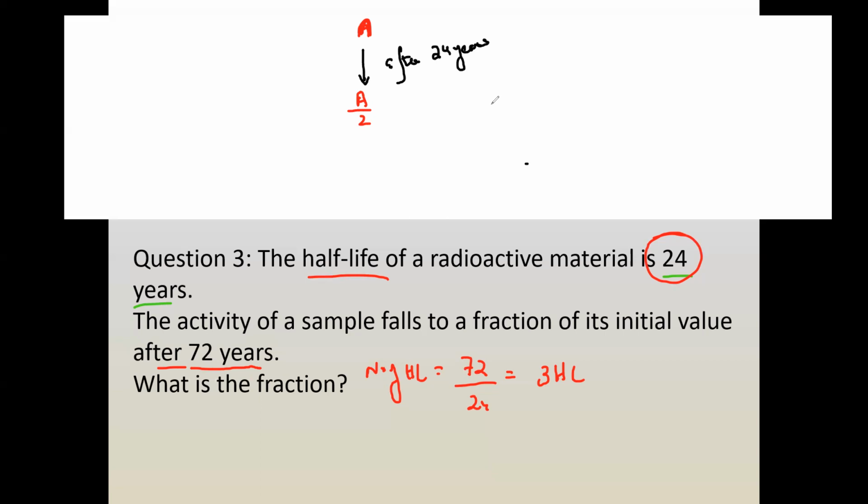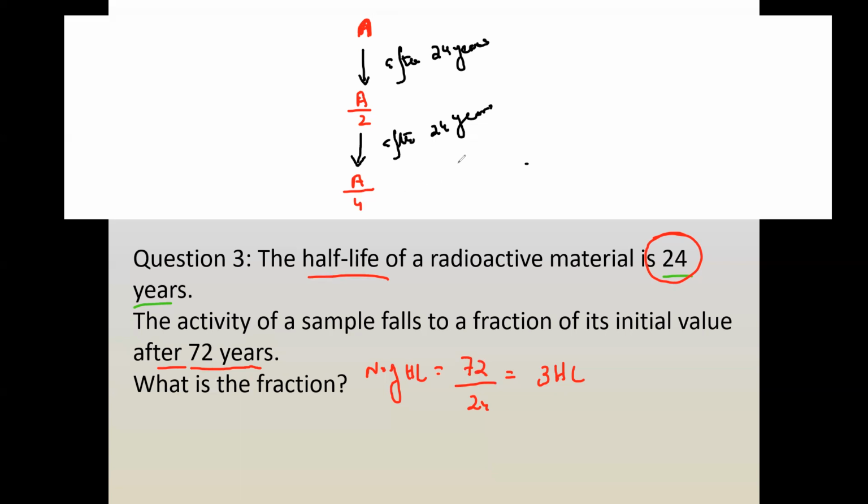Then after another half-life, after another 24 years, what will the amount be? The amount will be A by 4, because it is half of what was there: first it was A, half of A is A by 2, then half of A by 2 is A by 4.